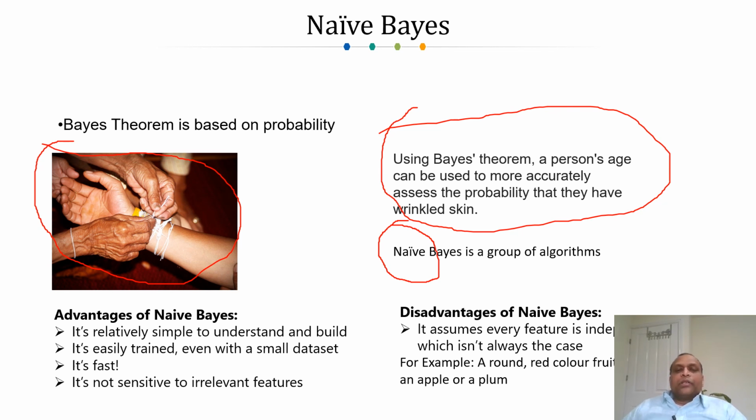Advantages: it's relatively simple to understand and build. It's easily trained even with a small data set. It's fast. It's not sensitive to irrelevant features. And the disadvantage, as I said, is that the person who might be tying the friendship band might actually be younger, and the person who is getting the friendship band tied might be older.